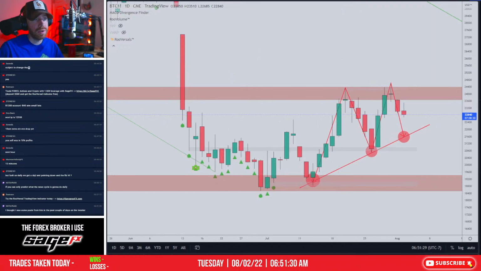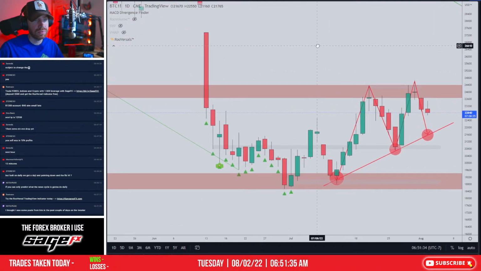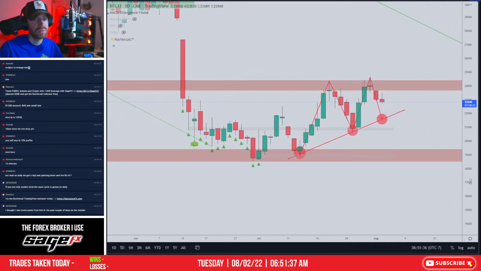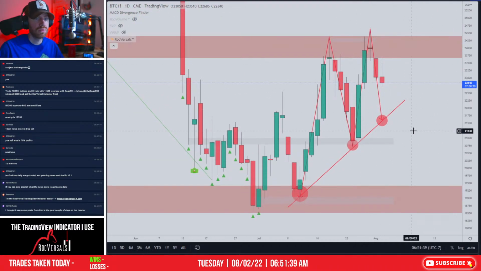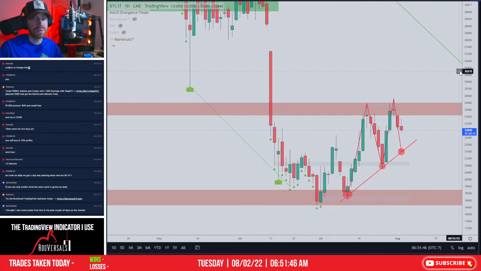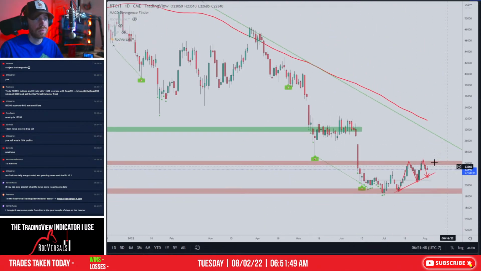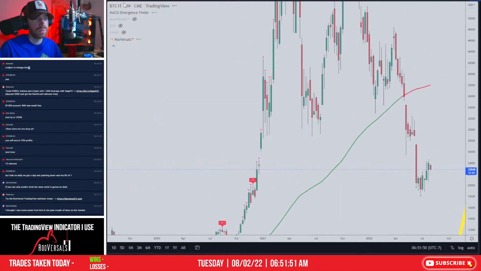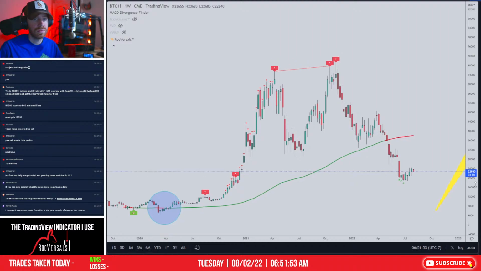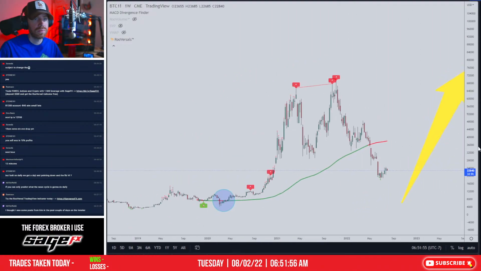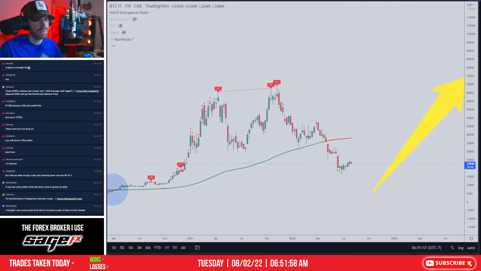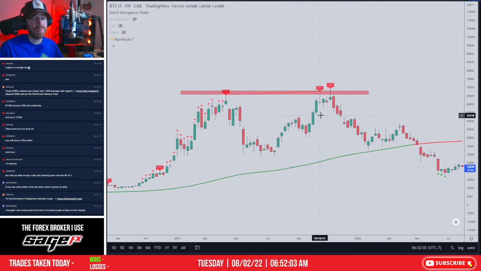This is the markup I have on Bitcoin Daily. I think that's an obvious drop down to at least like 22K. This indicator called a triple top.